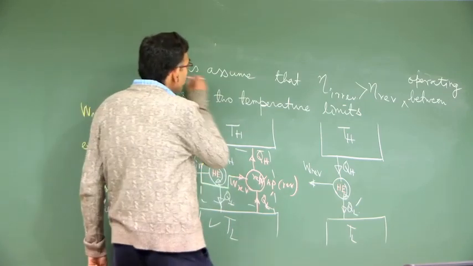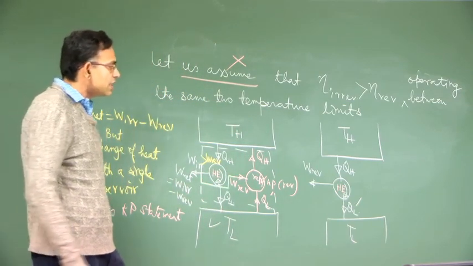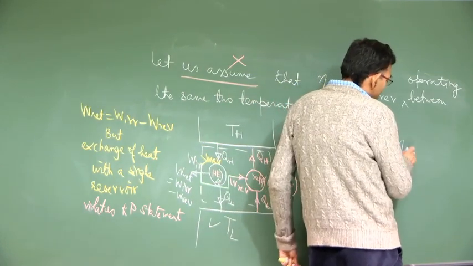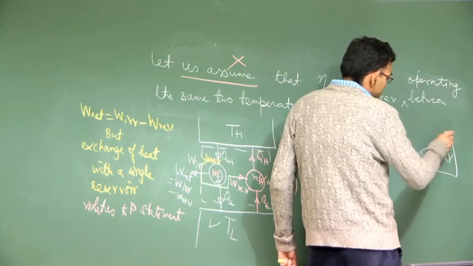So, by contradiction we show that you must have eta irreversible less than eta reversible; that must be the case.